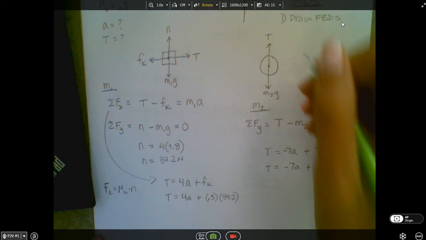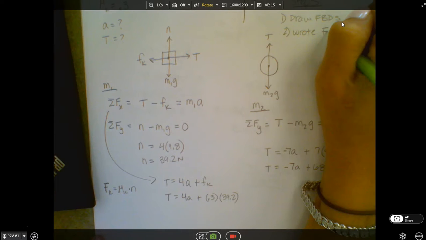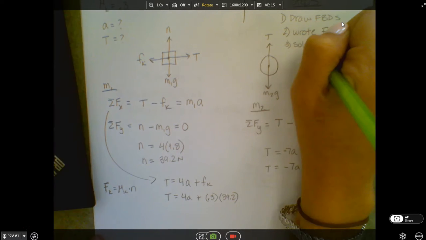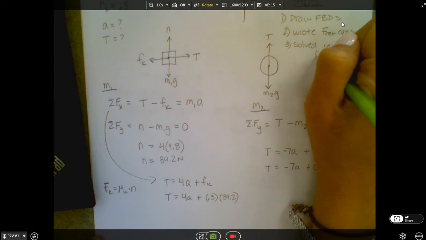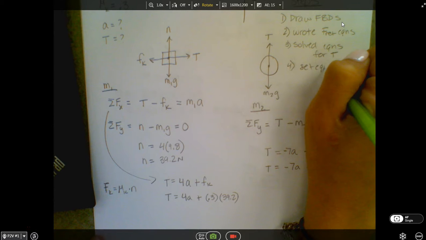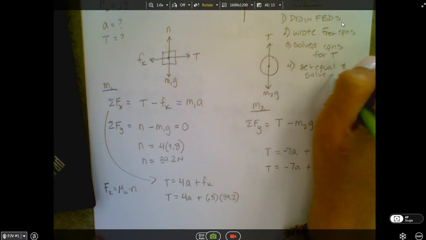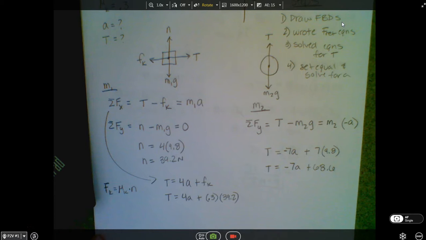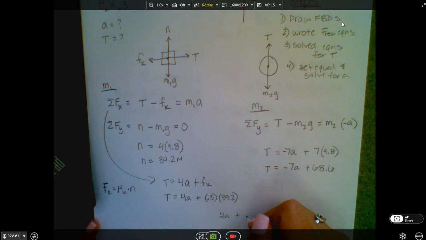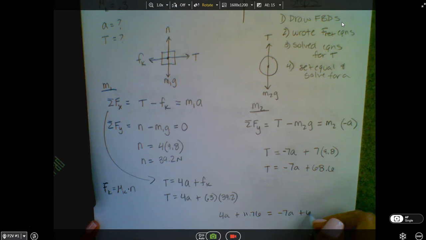So in the steps, right, we wrote the F-net equations, solved the equations for T, set equal, and solve for a. Okay? So I'm going to set these equal. So 4a plus, let's do this math, 0.3 times 39.2 is 11.76, equals negative 7a plus 68.6.